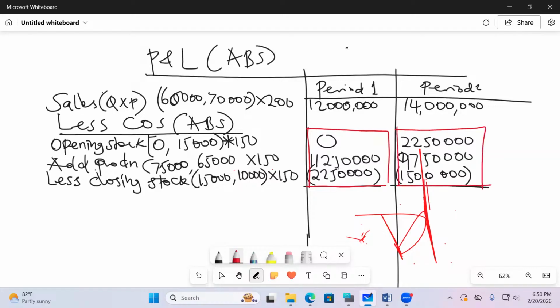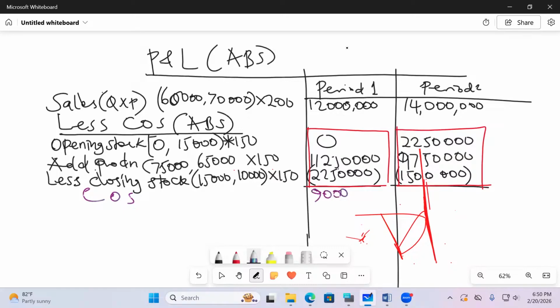Let me try another one now. Of course, whatever I will be getting here will be called cost of sales. They are not marginal, these are total. They are full costs. So we have here 0 plus this minus this, 9 million exactly.